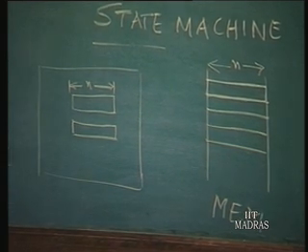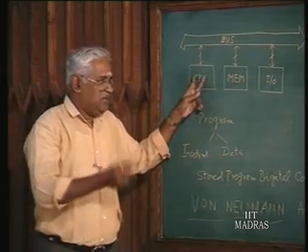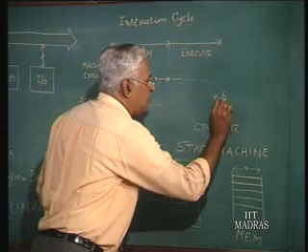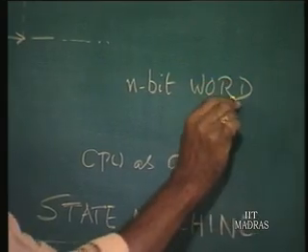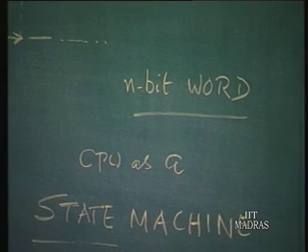Then we talk about matching. That is the CPU which can hold an n bit word, okay? That's what we say is whatever n is, n bit word, and remember I am using the word in a very general sense, n bit word.